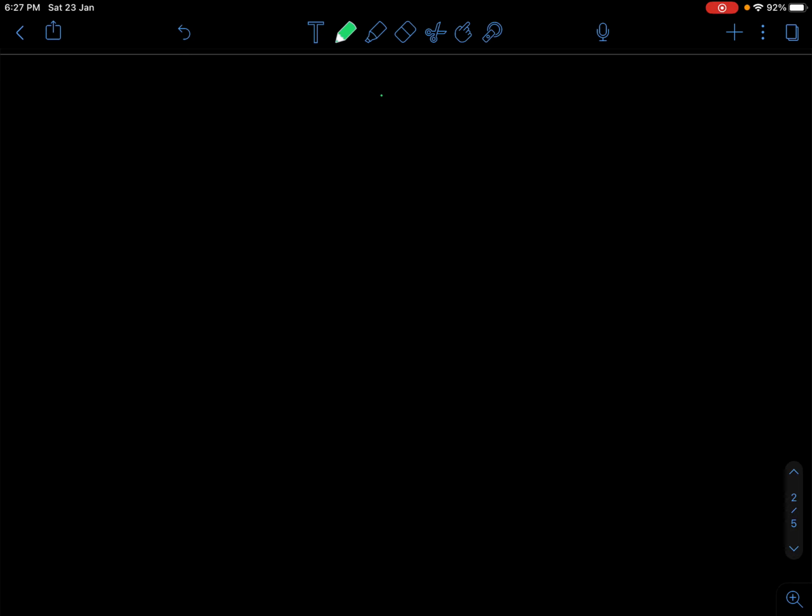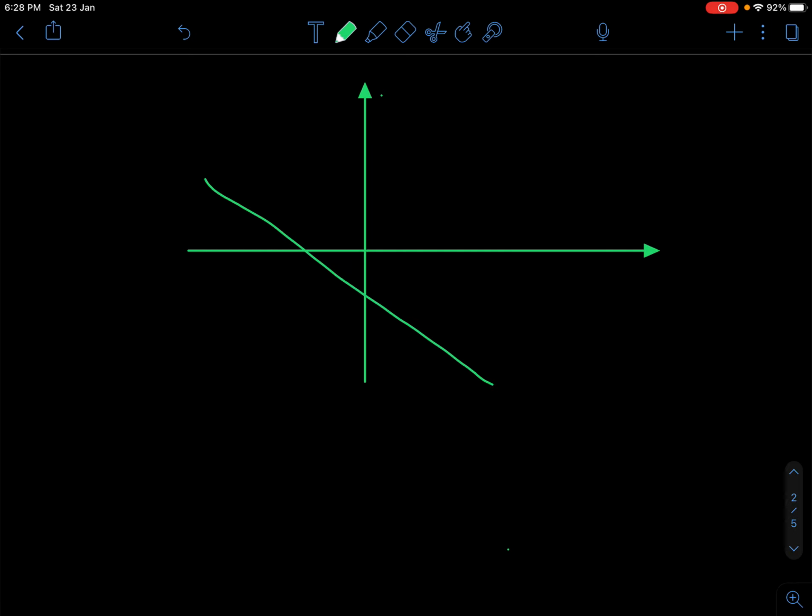So let's start with the basic question, right? I am making an axis, and suppose the graph is like this. You have to find which equation satisfies this graph.